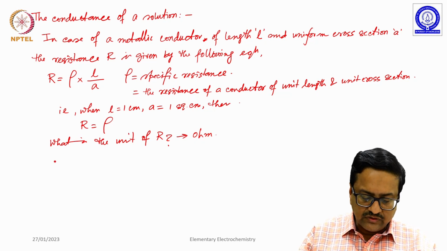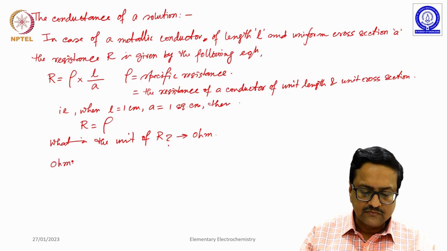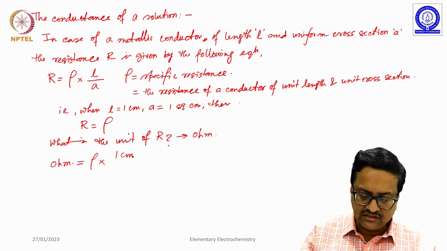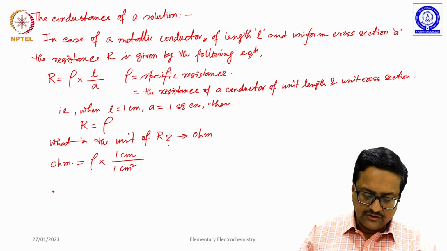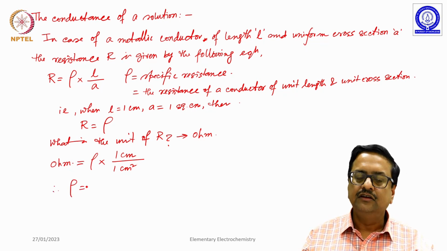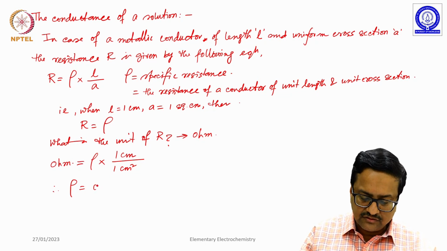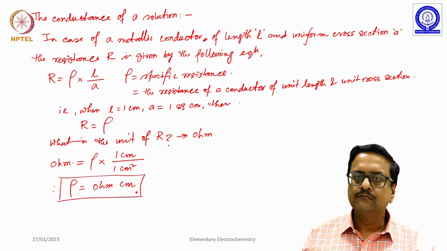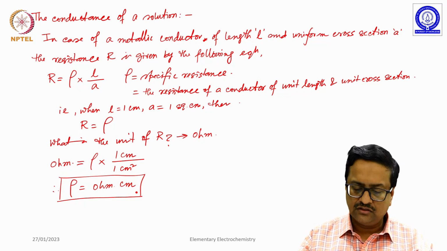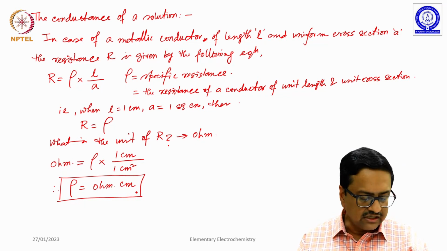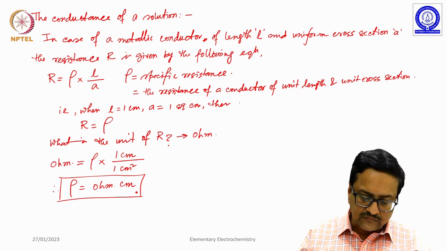Now in this equation, on the left hand side, if I write the unit of resistance as ohm equal to rho into 1 centimeter by 1 centimeter square, then on simplification rho will have the unit ohm centimeter, right? This is known to you from your 10+2 knowledge of basic physics.